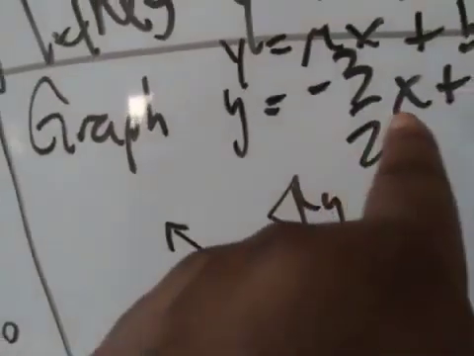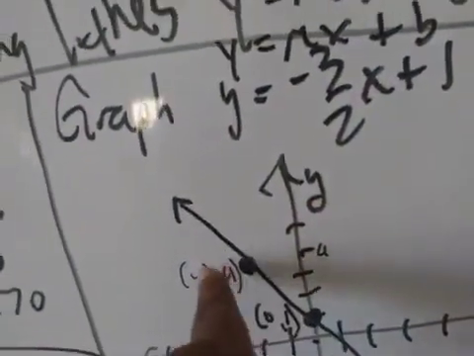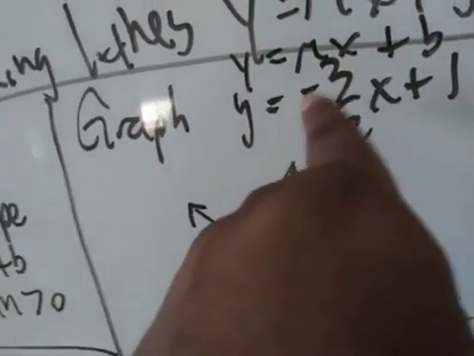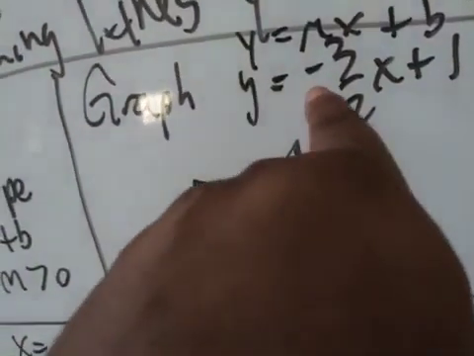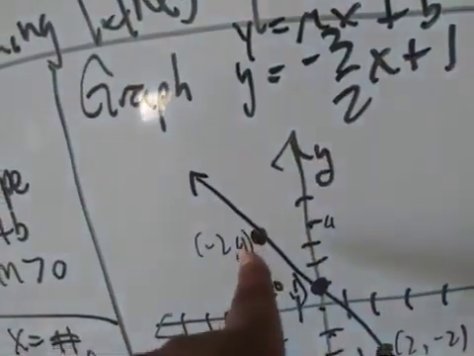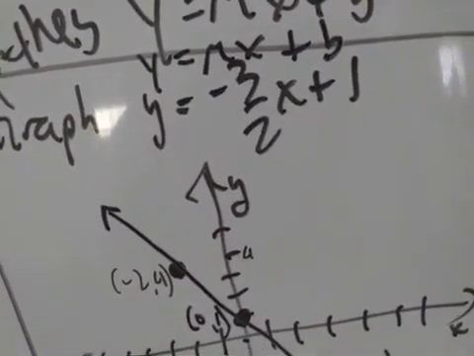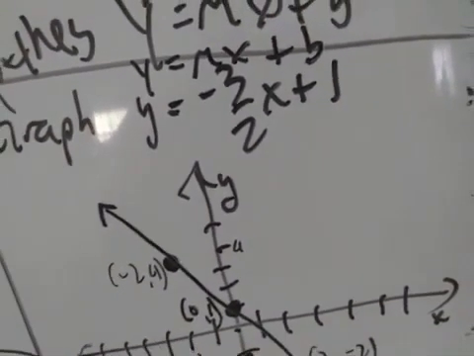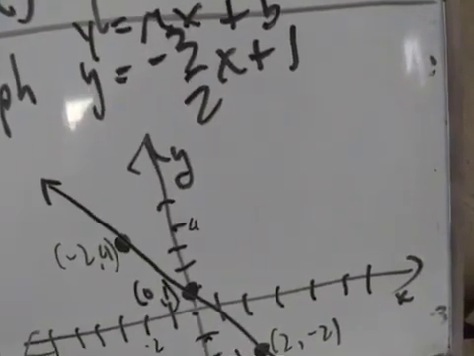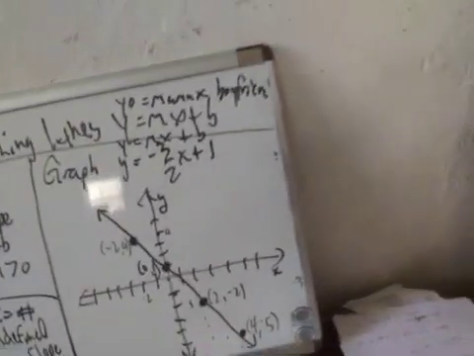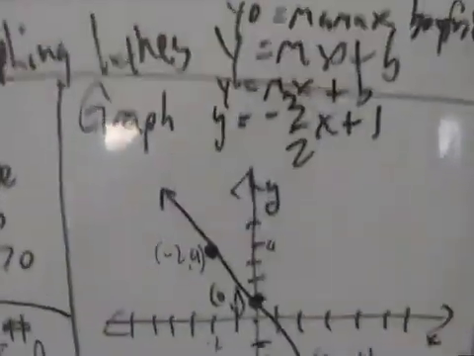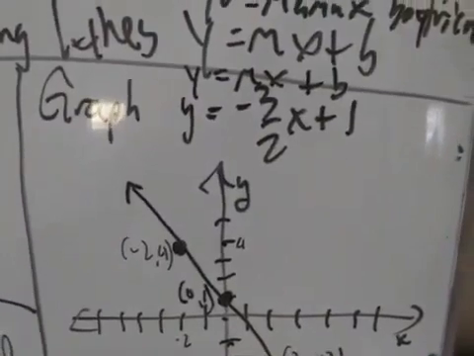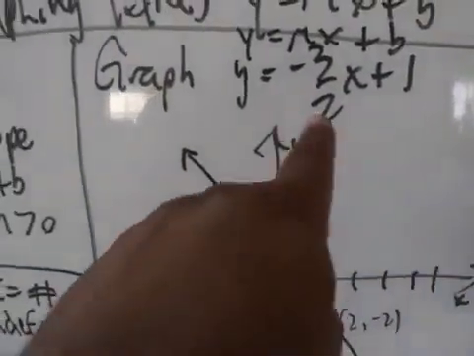So when x is negative 2, you throw negative 2 in there. Let's watch how the math works. The 2's cancel, but negative times negative is positive.